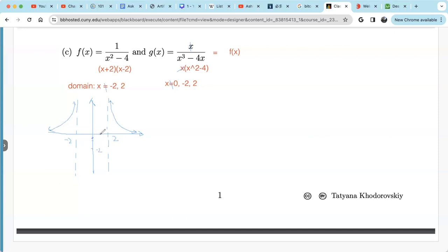Maybe we evaluate at 1 and at -1 also. If x equals 1, 1 squared is 1, 1 minus 4 is -3. So I get -1/3. That is even smaller somewhere.